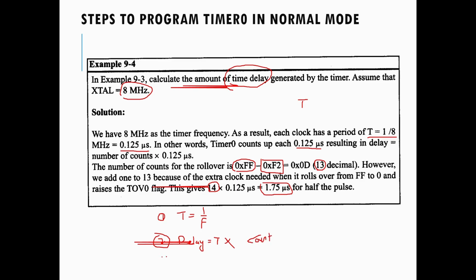And the third equation, TCNT equals FF minus count, plus 1. So now we're using this equation.